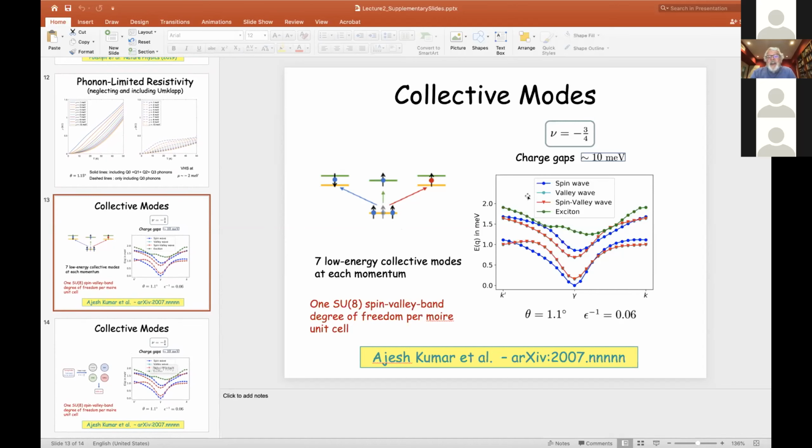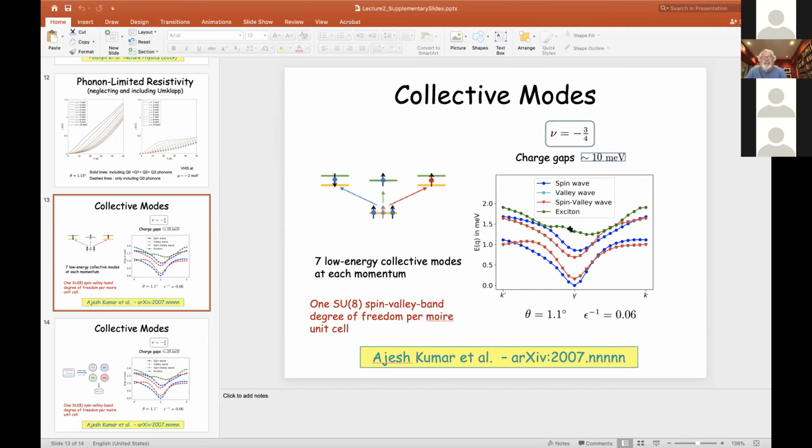states. And some of these modes are not associated with breaking any flavor symmetries. They're just associated with this generalized sublattice degree of freedom I've been talking about, labeled here as exotonic excitation.